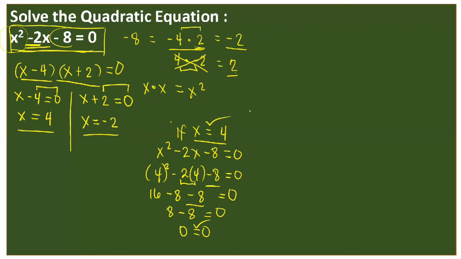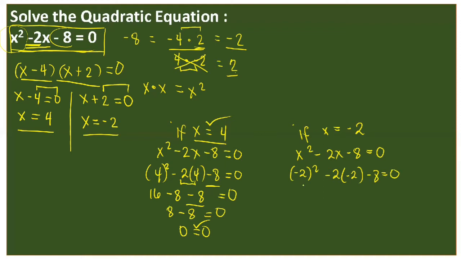Next to try is x equal to negative 2. Let's substitute it into x squared minus 2x minus 8 is equal to 0. So negative 2 squared minus 2 times negative 2 minus 8 is equal to 0. Next is to simplify.